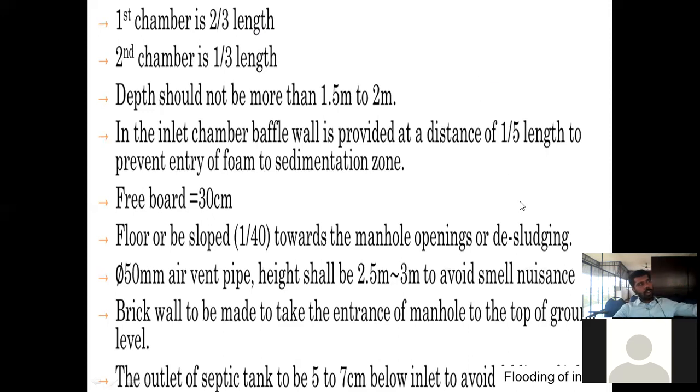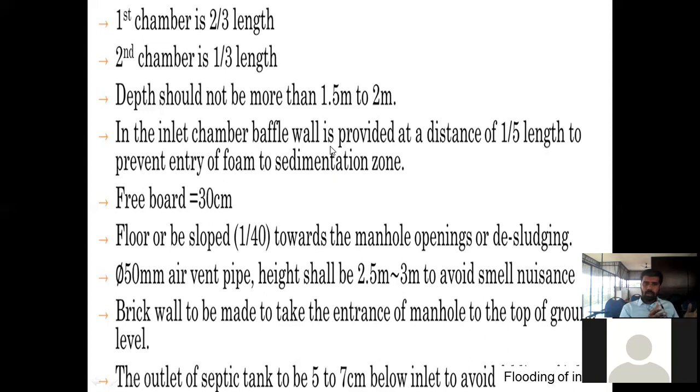From the toilet, the soil as well as the wastewater will be coming together into the septic tank. At the inlet chamber, a baffle will be provided. Why are they providing this? Because with both the water and the soil waste, sometimes some bubbles and foam will be produced.